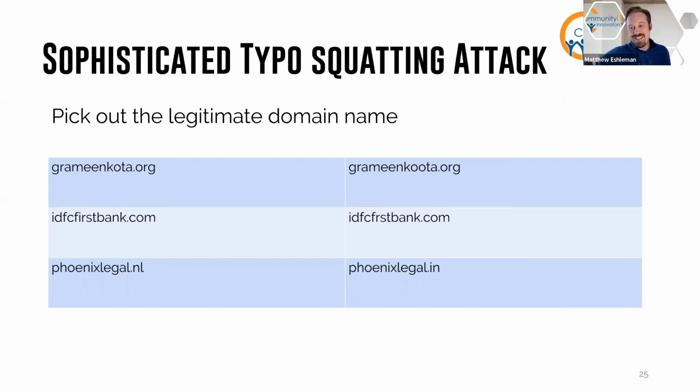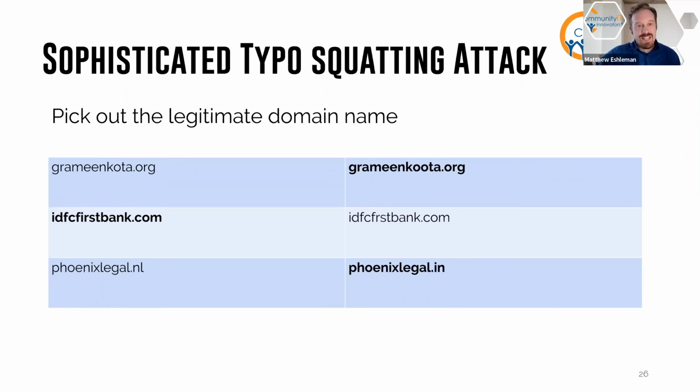So let's see. All right, so these were the results. The legitimate domains: IDFC First Bank, let's see if that's right. Let's see what else. Grameen Koota with 2 O's, and PhoenixLegal.in. Actually, the Grameen, it's K-O-O-T-A, so that's the legitimate domain.